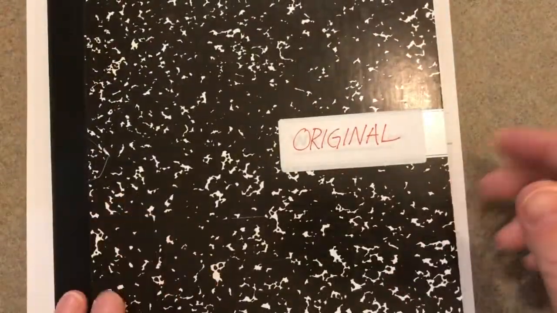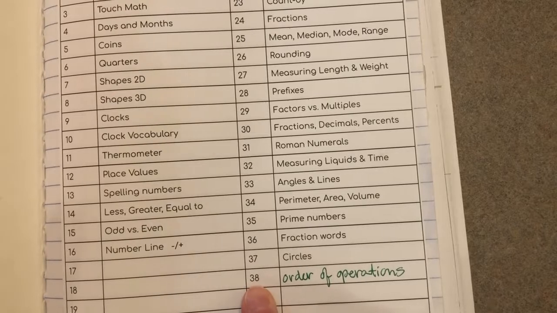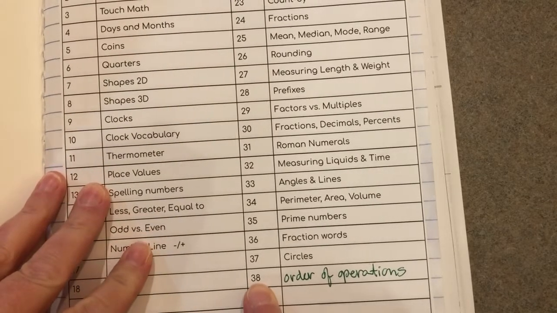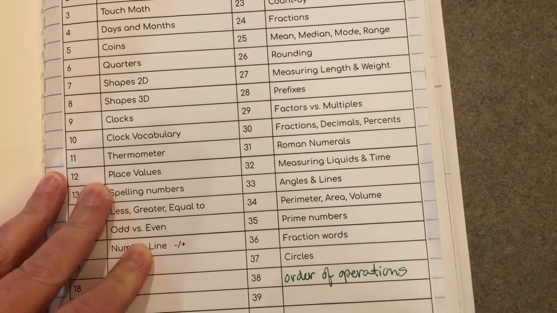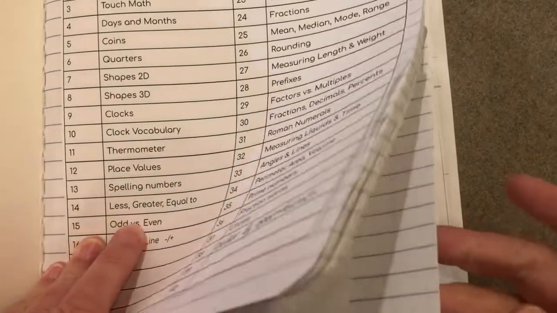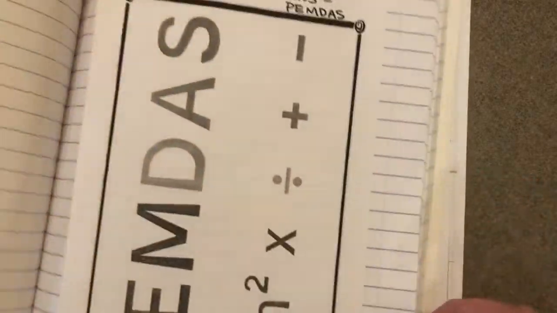But I will show you this. Order of operations is on page 38. I think I got it added to your journals before I sent them home, but it was kind of a last minute thing I realized I didn't have in there. Page 38. You should have something like, it's called PEMDAS, okay?